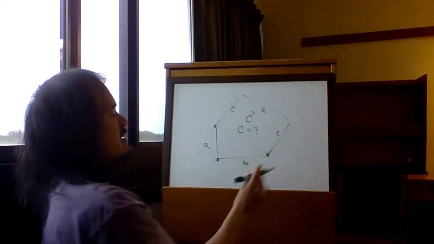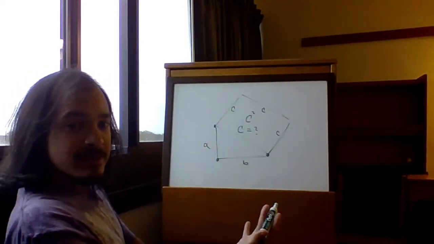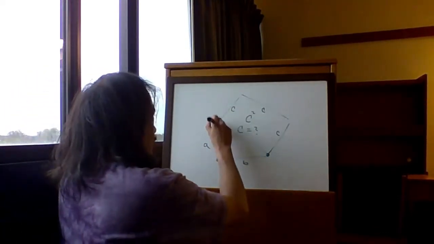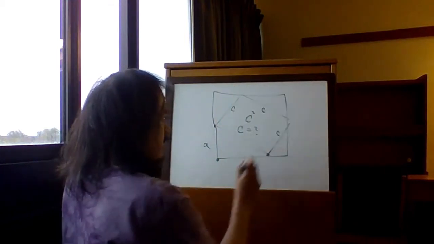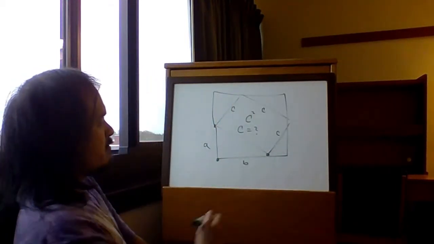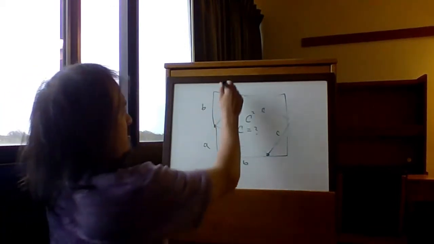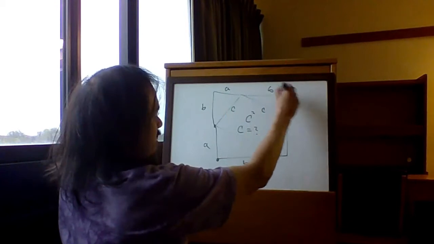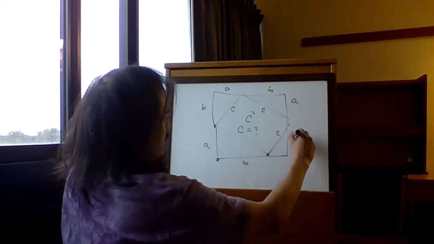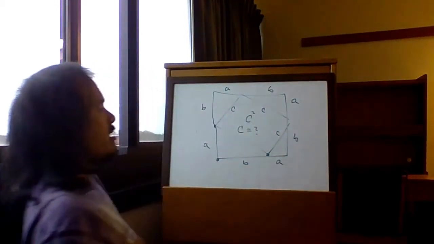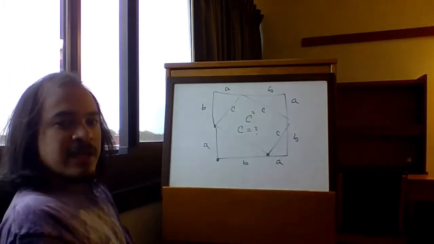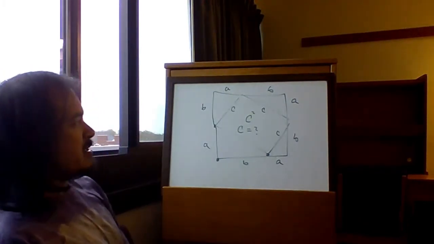Now, all of this is also inside another big square. And it's actually not that hard because we can see that this right here is B, this distance is A, B, A, B, A. And it looks pretty nice.